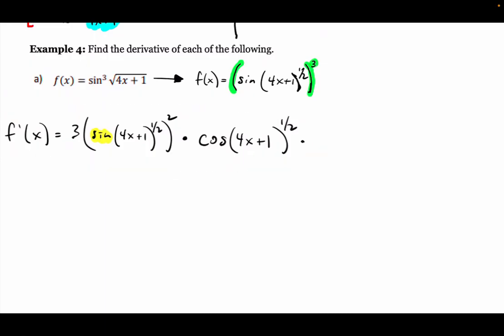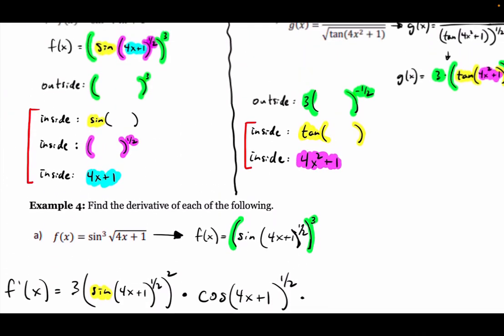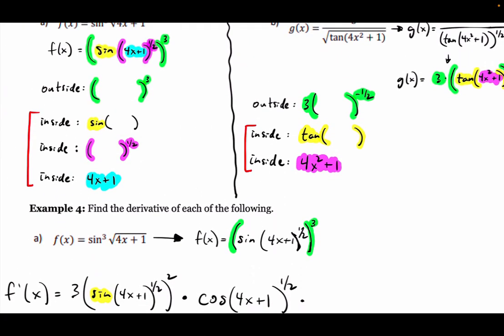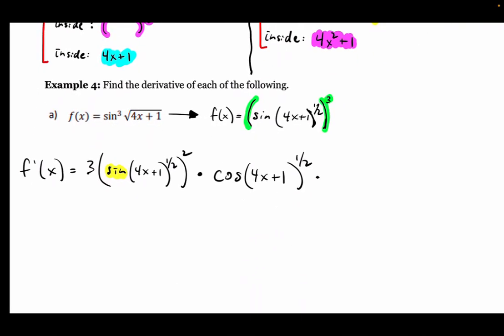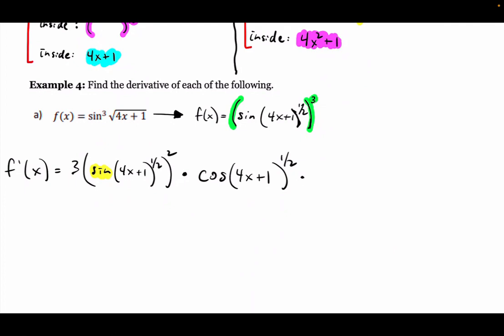Okay. Next thing, the next layer we said was something to the 1/2 power. So over here, I'm going to focus on something to the 1/2 power. Again, I could care less what is inside the parentheses. I just want something to the 1/2 power. Okay?